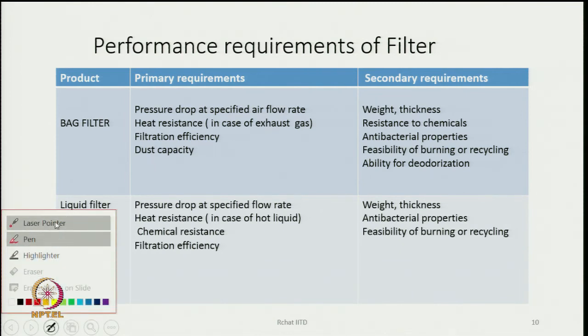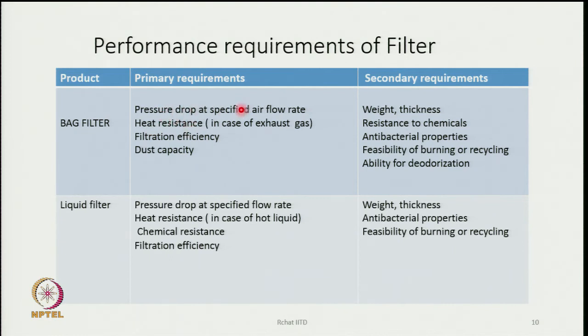Now, in bag filter, the most important requirements are pressure drop at specified airflow rate, heat resistance, filtration efficiency and dust capacity. Secondary requirements are weight and thickness, resistance, antibacterial properties, feasibility of burning or recycling, ability to deodorization. These are the secondary requirements.